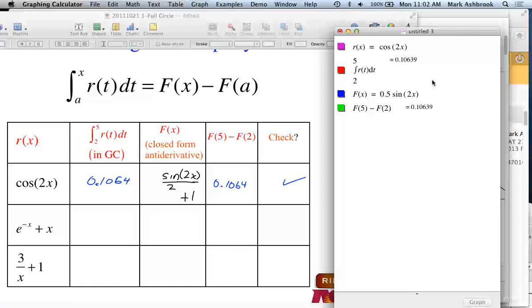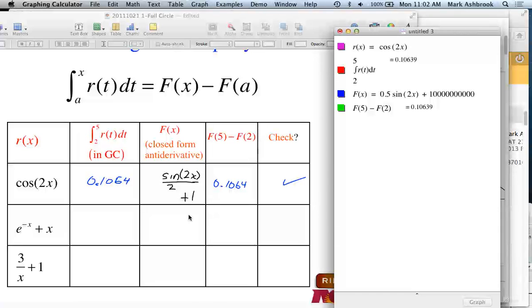So if I change our f function to that same one plus 1, what about f of 5 minus f of 2? Still the same. Why? Because capital F can be any antiderivative, right? All right, what about plus 100 billion? Same. Keeps it the same, right?